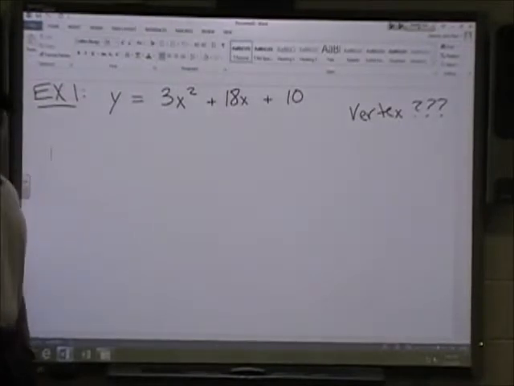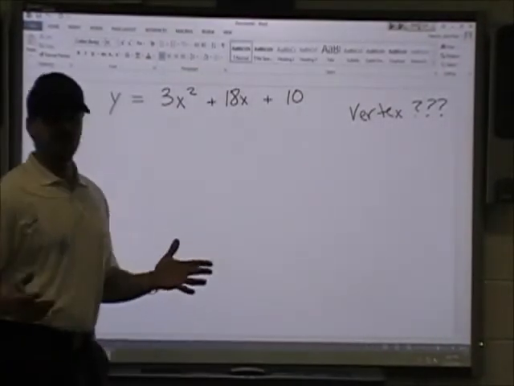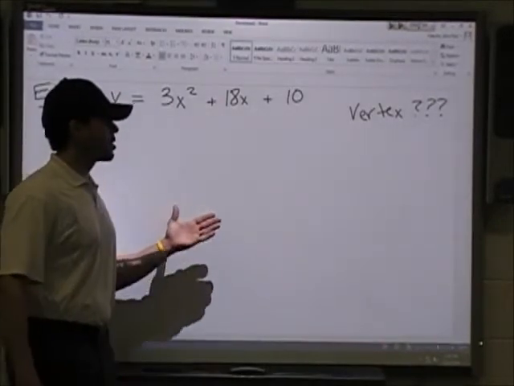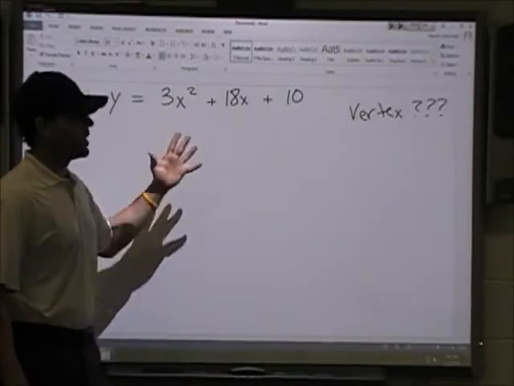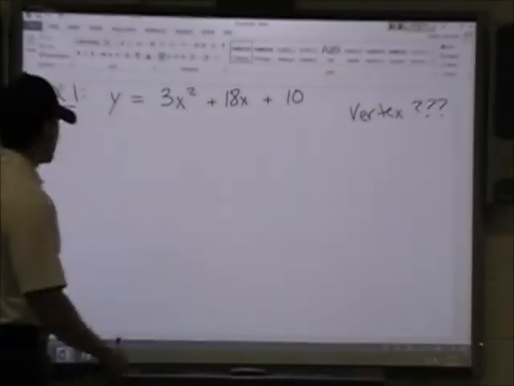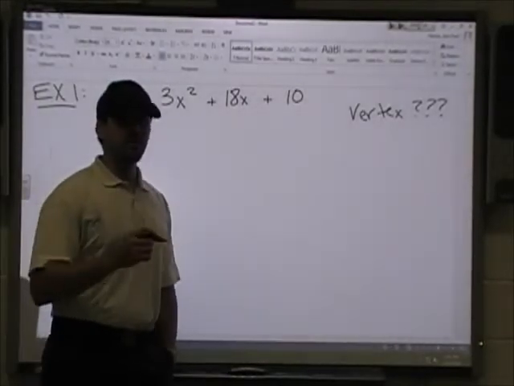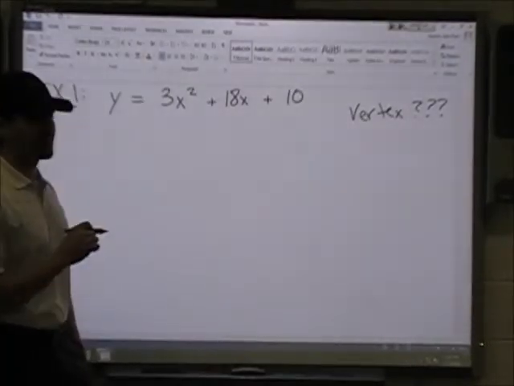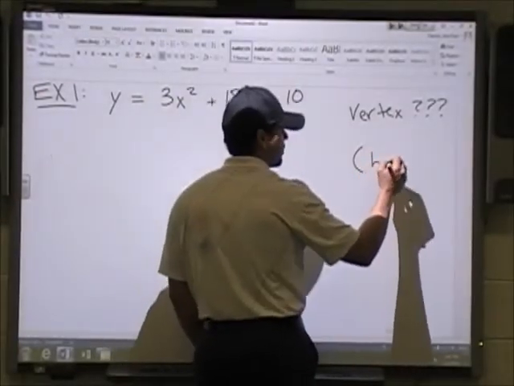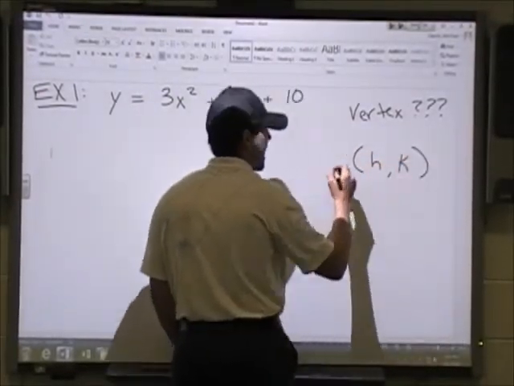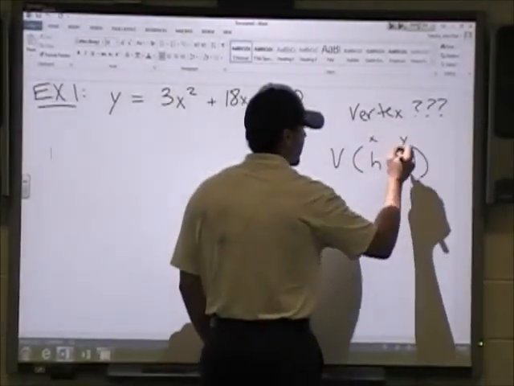Now, how you normally would find the vertex of this is by completing the square. Once you have completed the square, that is what switches standard form into vertex form. However, if you know a little secret, which is how to come up with the equation of the axis of symmetry... Most of you would know that the vertex is located at (h, k), your x, y.